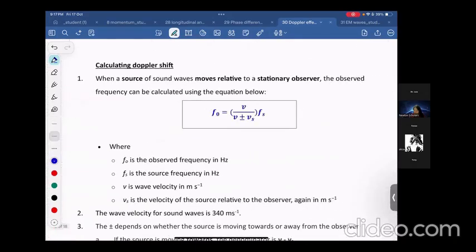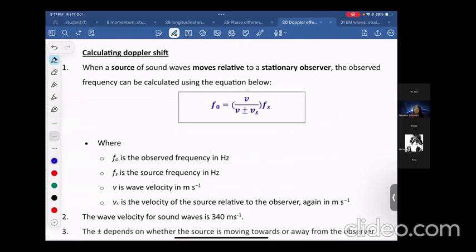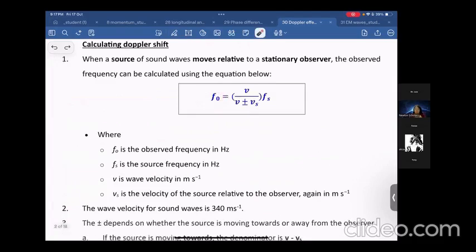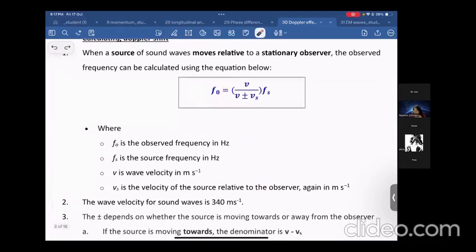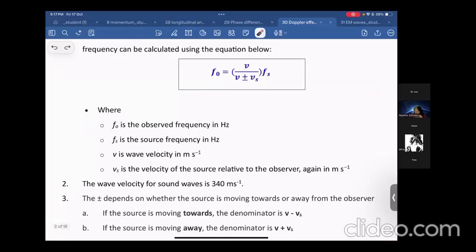Okay, so we look here at how we calculate the Doppler shift or Doppler effect. The frequency that we observe will change depending on whether the source moves towards or away from us. This is the formula for the calculation. FO is the observed frequency, what frequency we observe.